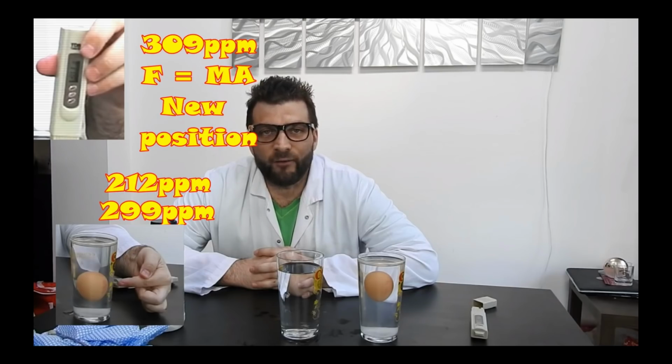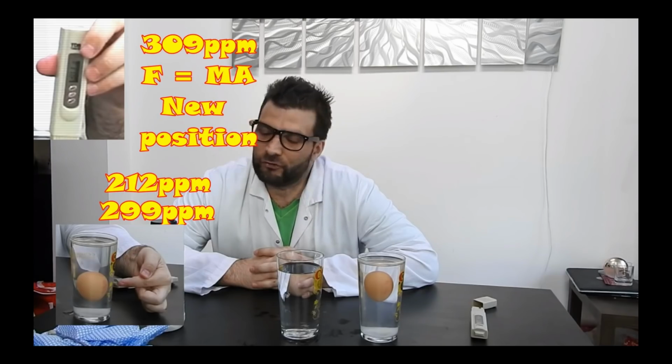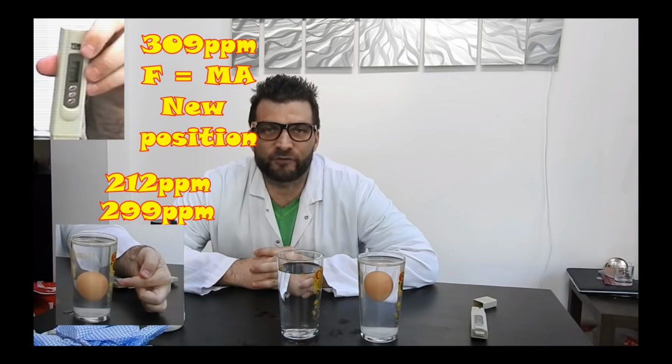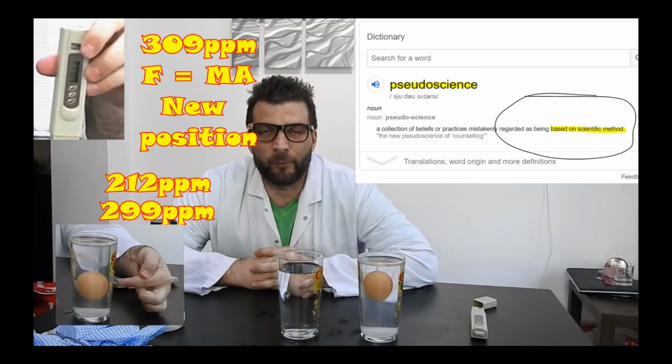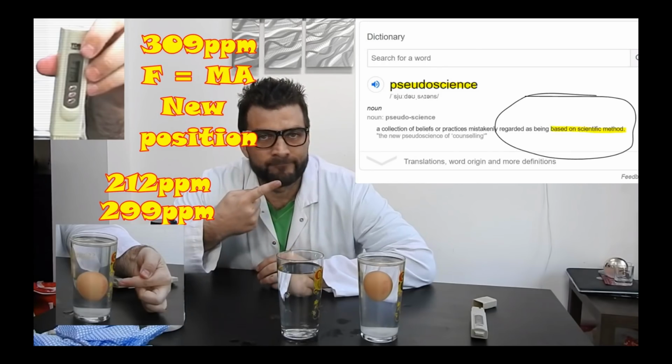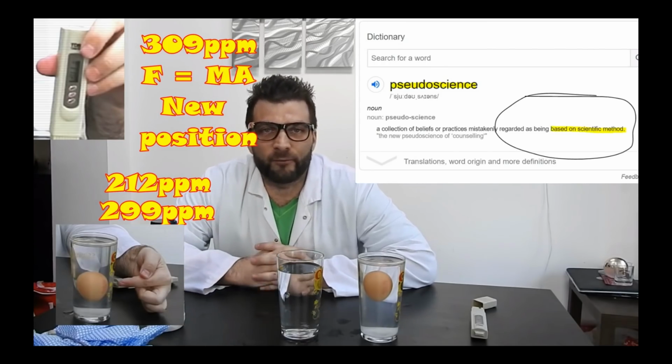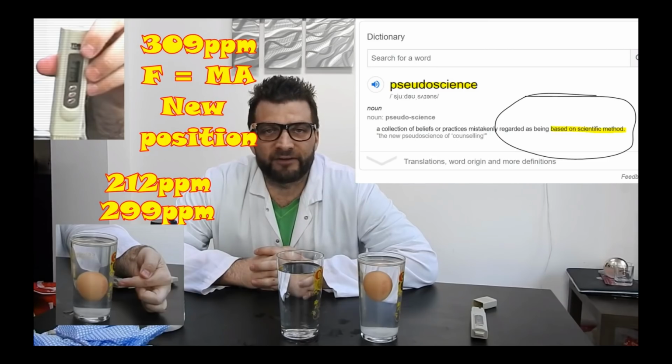If you wish to move outside of scientific method, sure, be my guest. Infer that gravity caused in any way whatsoever the effect that we just witnessed, which was the egg moving. But you do so outside of scientific method. And we know by definition, if you are not complying with scientific method, you are practicing pseudoscience.